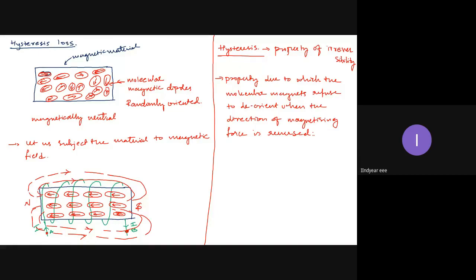So the best example I can give in understanding hysteresis loss is, before that, let us see a BH curve. It will be more understandable to you. All of us know the BH curve.